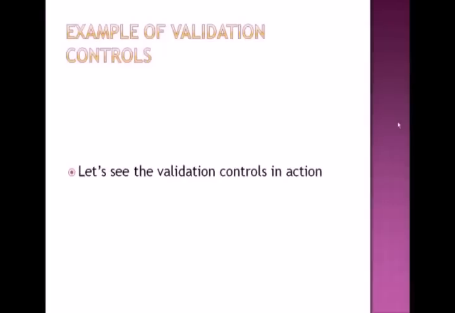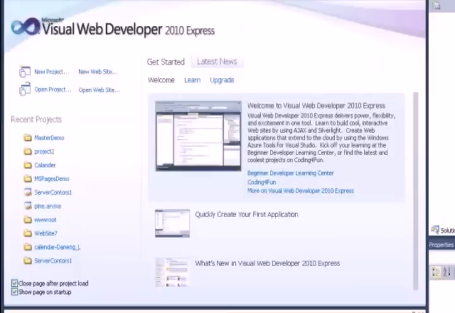So what we will do is create a web page, an ASP.NET page, and then place a couple of text boxes and validation controls for the user to, for example, enter their name, and then we'll add a button to this web page that the user could press to send their name.